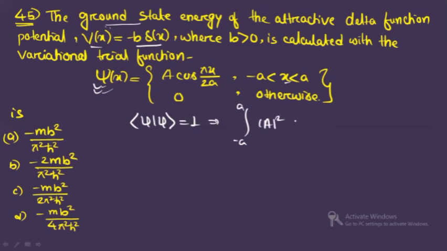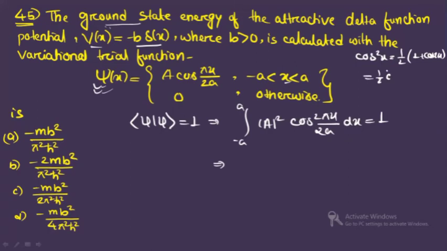This is mod of A squared, and this is cos squared(pi x by 2a) dx, equals 1. So if you see in this case, we know cos squared x equals 1 by 2 times (1 plus cos 2x). Here 1 by 2, and 1 plus cos 2x, where x is pi x by 2a.